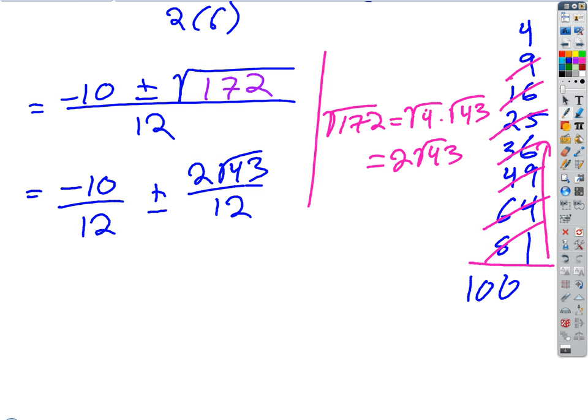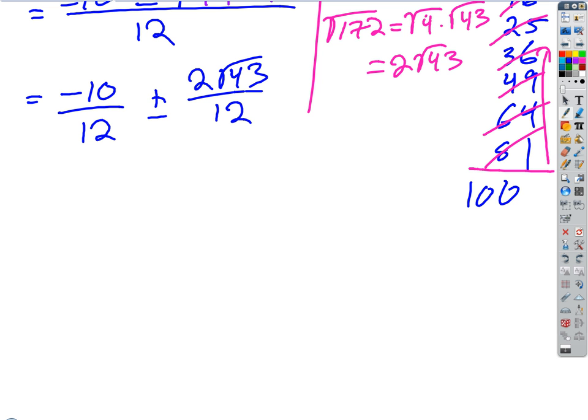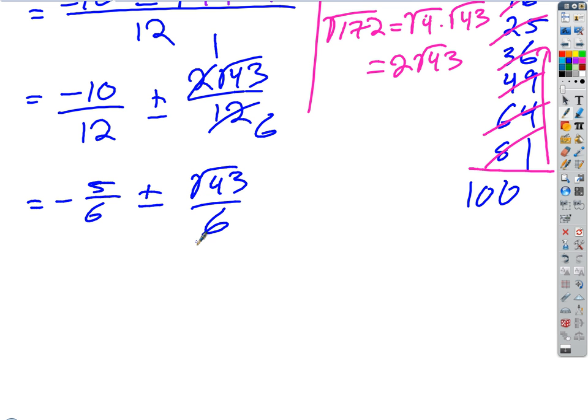And now the last thing to do is just reduce the fractions and we're done. 10 over 12 reduces to negative 5/6. Plus or minus, and then the 2 over 12 would reduce to a 1 over 6, right? So we just get square root of 43 over 6, and there's our 2 answers.